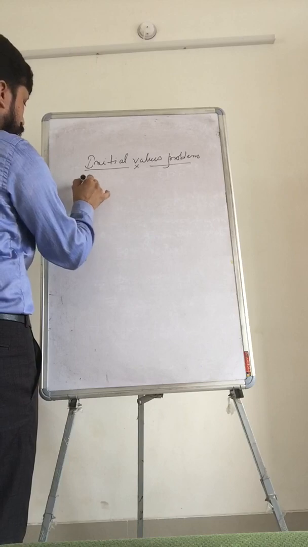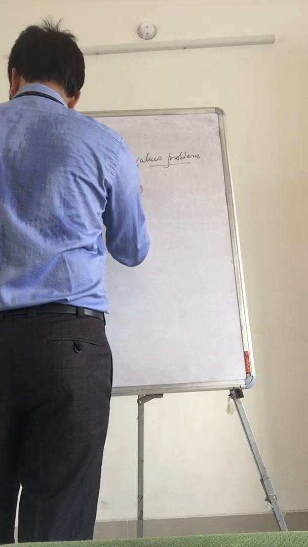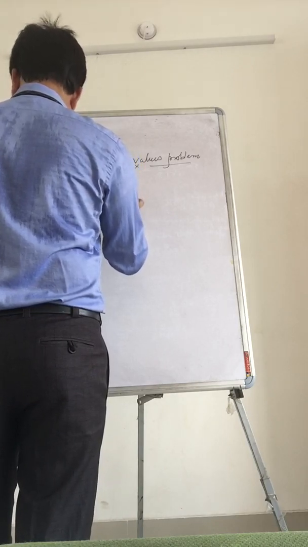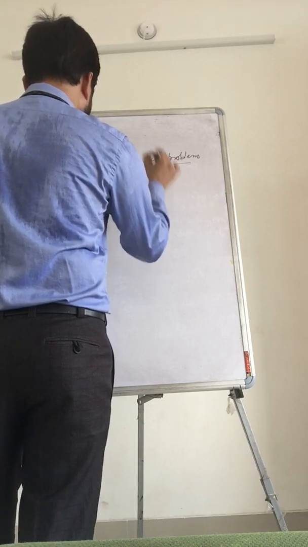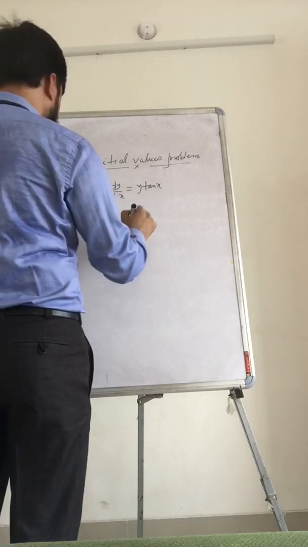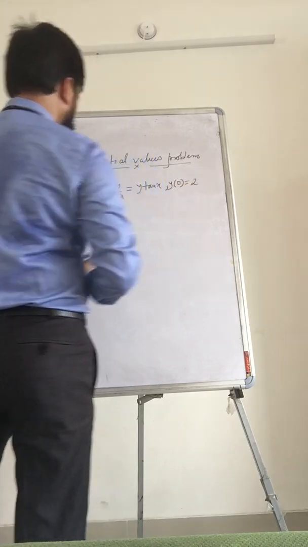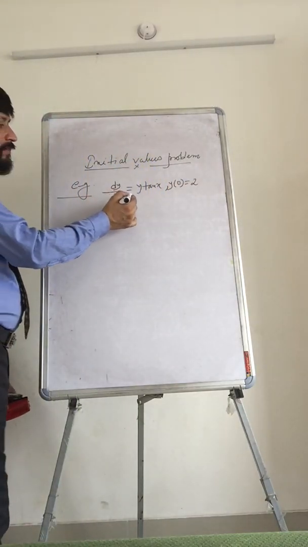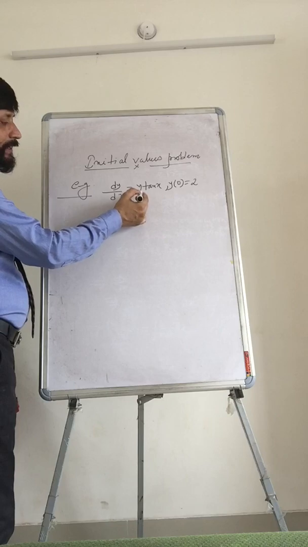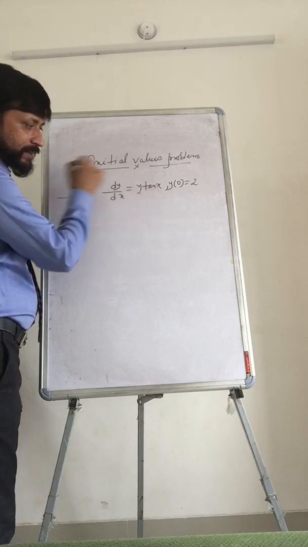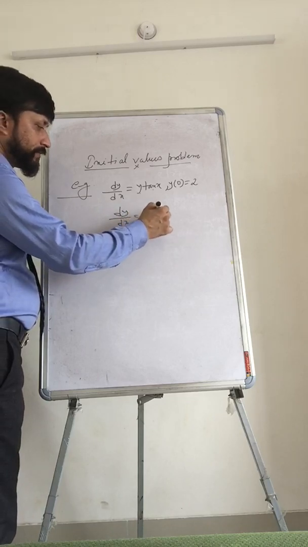Take one example. First you have to check which type it is: type 1, type 2 or type 3. It is very clear that it is a function of y and a function of x, so it is in the form f(x) into f(y).